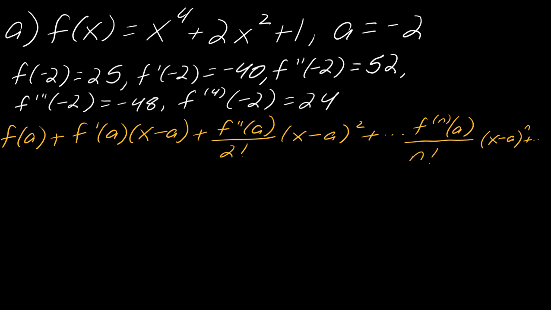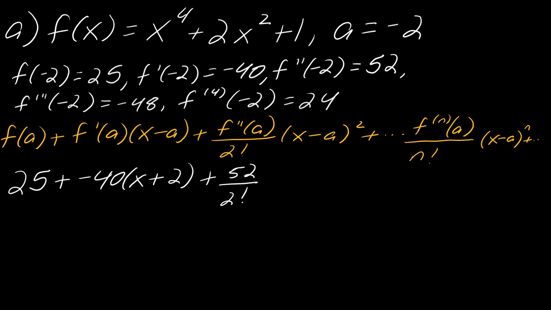So f of negative 2 was 25. And then f prime of negative 2 was negative 40. And then I'll take x. So x minus negative 2 will be x plus 2. The next value is f double prime, which will be 52 over 2 factorial times x plus 2 squared.